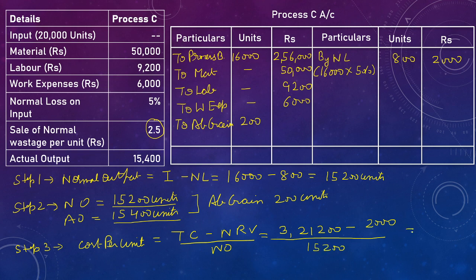So here our cost per unit is 21 rupees per unit, which is multiplied with abnormal gain units. So our abnormal gain in rupees is 4,200.